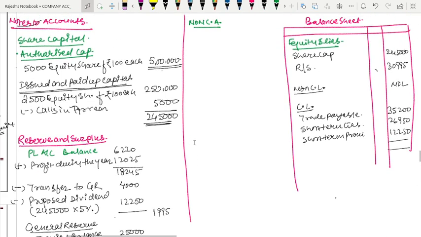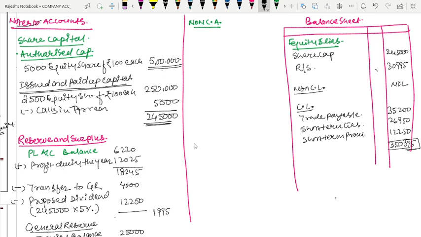How much is the total? 2,45,000 plus 30,995 plus 35,200 plus 26,950 plus 12,250. Total is 3,50,395. Now, this is the total.